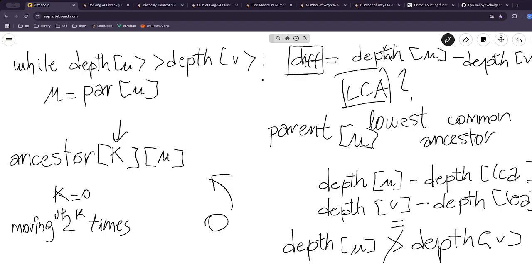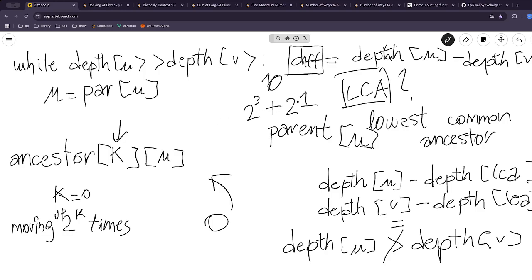So if this number happens to be 10, then we can write it as 2 to the 3 plus 2 to the 1, and we can use this table to make a jump with k3 and a jump with k1, right?